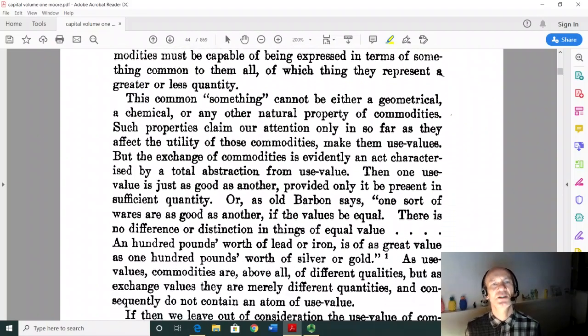So this common something, the mysterious something, which we will in a minute reveal by the name of value, cannot be some natural property of these commodities, because it is common to all kinds of useful things that are materially totally different from each other.